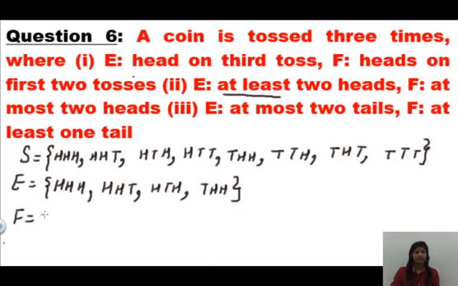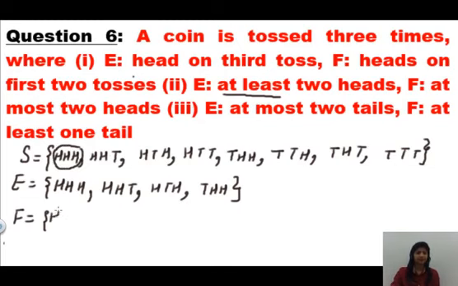Let us write down F. In F they are asking you what? At most two heads. Maximum two heads you can have. You can't have more than two. You can have zero heads, one head, or two heads. So as can be seen from the sample space, except HHH, all these seven elements will come up.